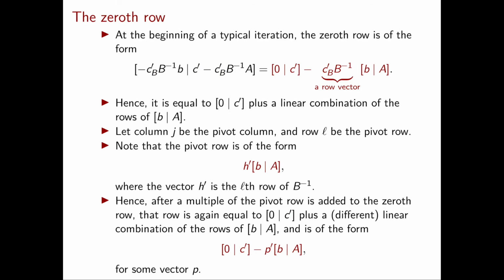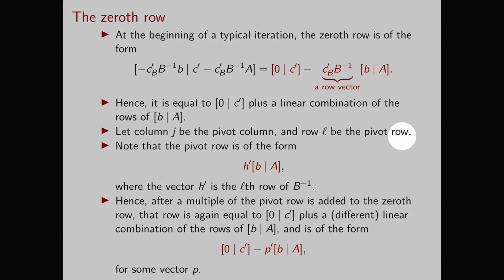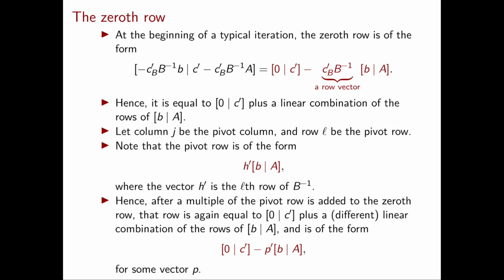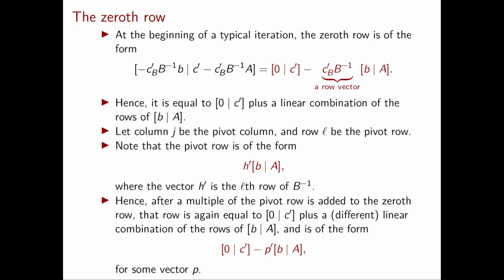So how can we see that? As always, the pivot column is column j, while the row l will be the pivot row. Now it follows from the interpretation of the tableau that we have seen a few slides ago that the pivot row is of the form h transpose times [b A], where h transpose is the lth row of B inverse.